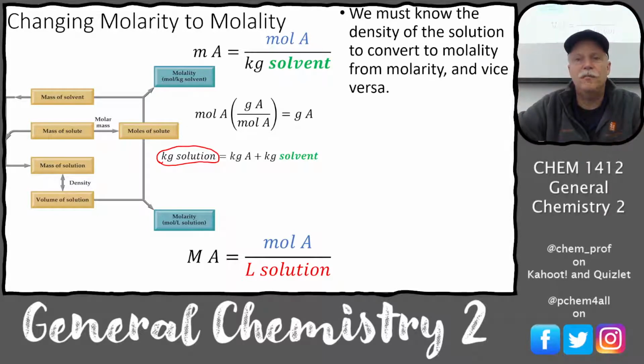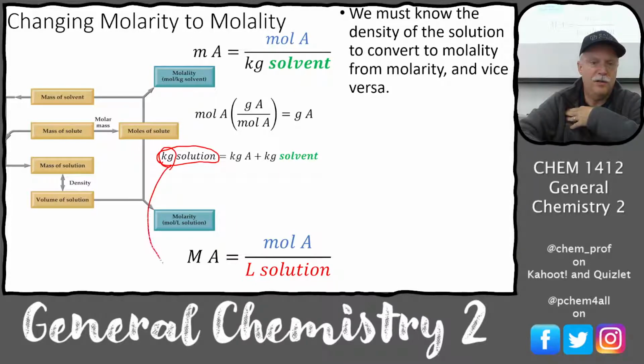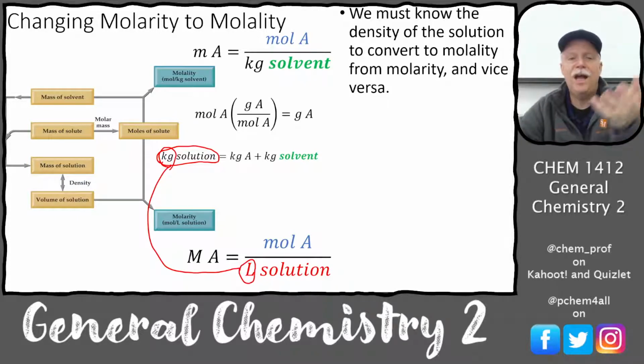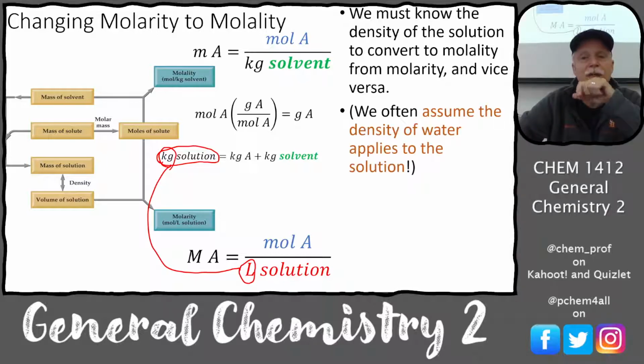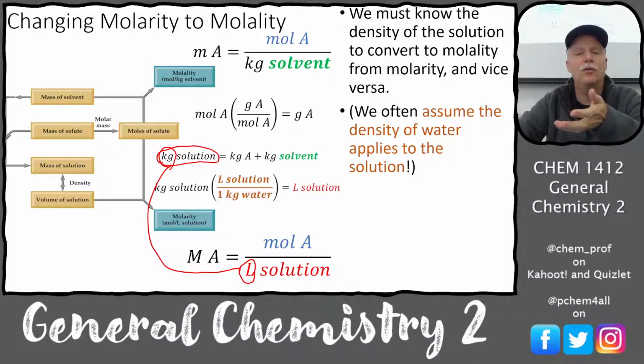So we must know the density, though, to get from kilograms here, this thing right here, down to volume. So mass over volume is density. A lot of times we assume the density of water applies. So that's the missing piece in a lot of these problems. If it's a dilute solution, something that's not very concentrated, then this assumption can work.